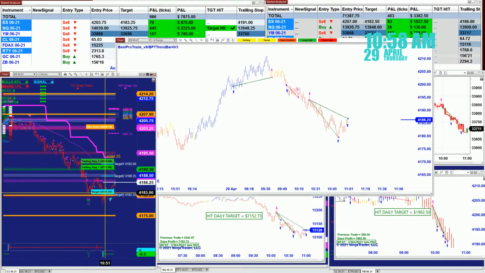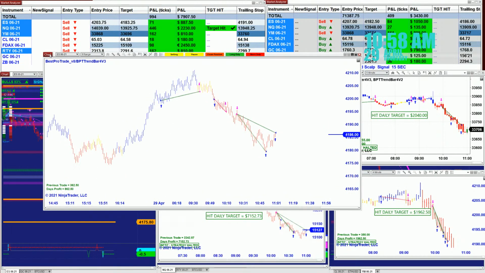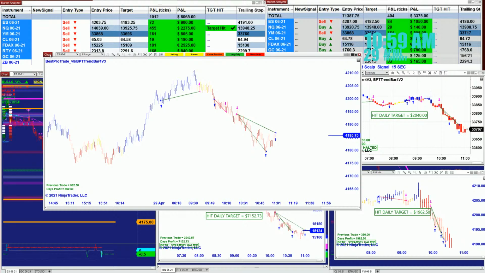If we look at this market, the market is finished here. So should I go ahead? This is something auto traders don't understand. This auto trade has not hit the target. This target is $1,000 and it did not hit it. I have 882. Should I keep it running?